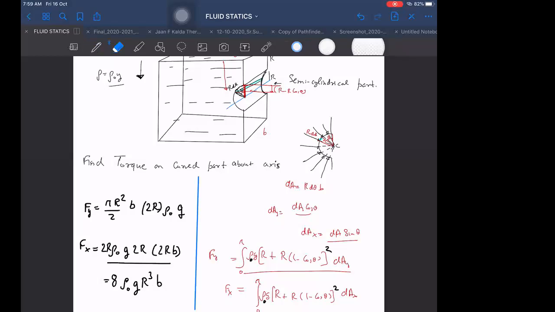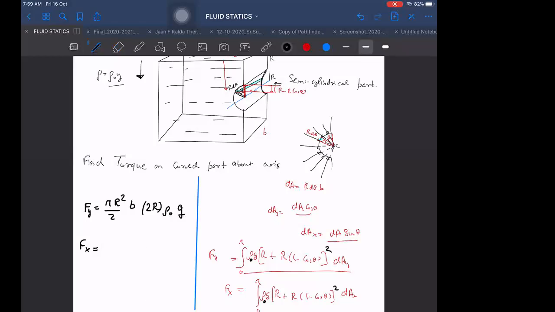I think Fx I'm doing wrong, sorry. Fx is not right. It is coming out to be 8 by 3 rho naught G R square B.